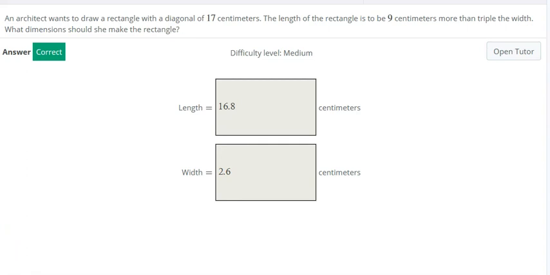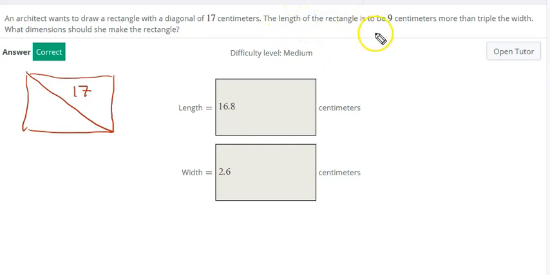Now, I found this one rather challenging. They're saying it's only medium difficulty, but let's go through it. So again, I would suggest you make a picture, a rectangle, and you know the diagonal of this rectangle is going to be 17.